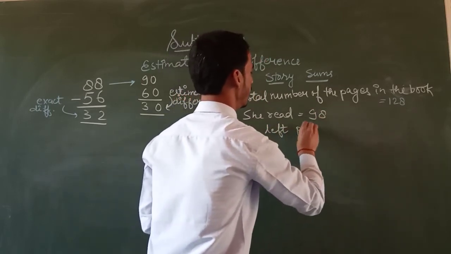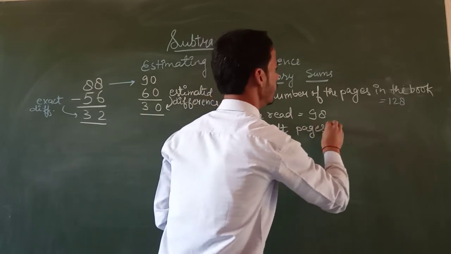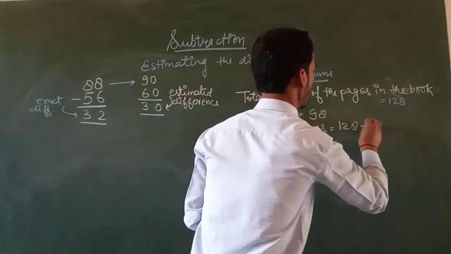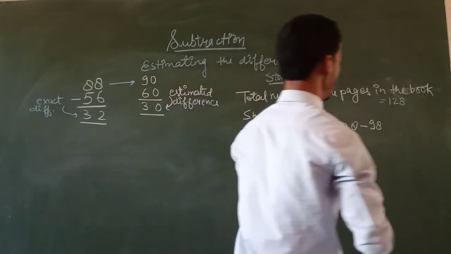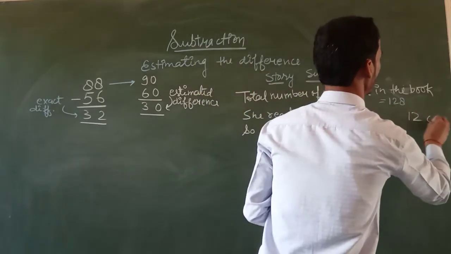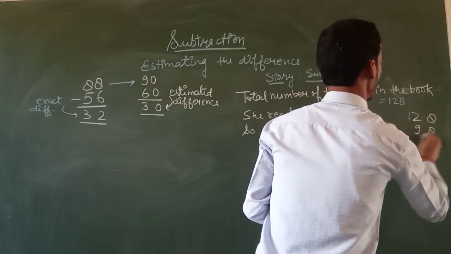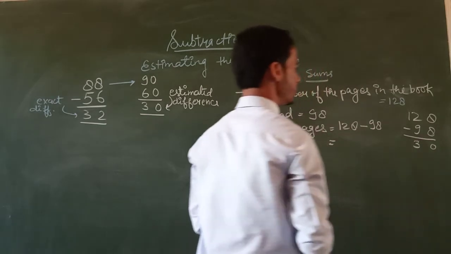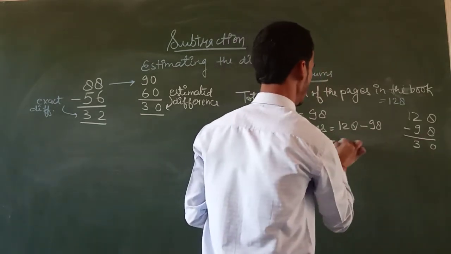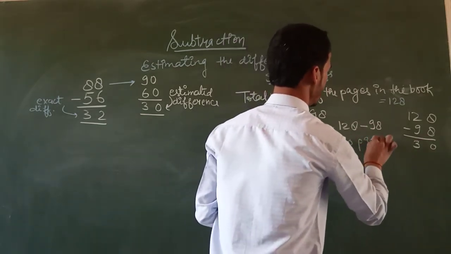Okay, so the pages left are 128 minus 98. That is, we have to subtract it. 128 minus 98, 8 minus 8, 0, and 12 minus 9, 3. So that is 30. So the left pages are 30 pages.